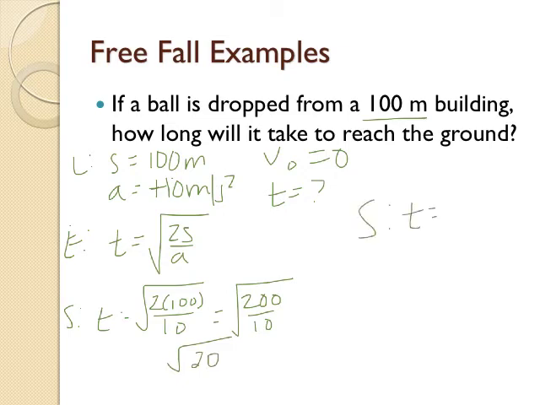T equals, so the square root of 20 is 4.47. And our units would be seconds, because we're solving for time. Okay?